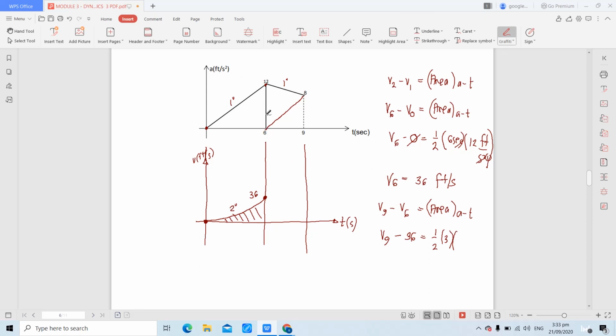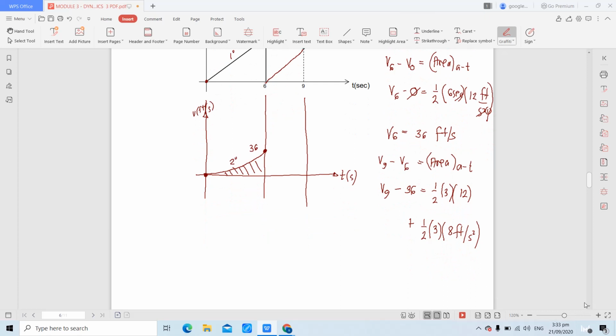No, ano ba yung height na yan? 12 feet per second square. Plus, yung area ng triangle sa baba. That is 1/2 base times height. Ano yung base? Ito. That is also 3 seconds. Ano yung height? Ito. No. And that is 8 feet per second square. Okay, so we're done with the area.